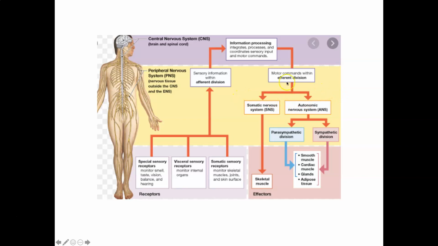From somatic, where it comes out of the brain and spinal cord, it's moving through, it decides, oh, I need to go through skeletal muscle, or no, I need to go through non-skeletal muscle, which is either parasympathetic or sympathetic, that controls smooth muscle, cardiac muscle, glands, adipose tissue.